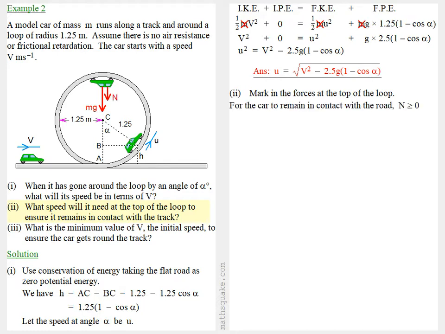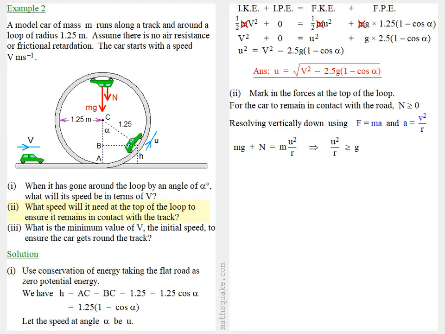We can see that for the car to remain in contact with the road, n must be greater or equal to 0. Now, if we resolve vertically down using F equals ma and a equals v squared over r, we have the force down mg plus n is equal to the mass times the acceleration, which is m times u squared over r.